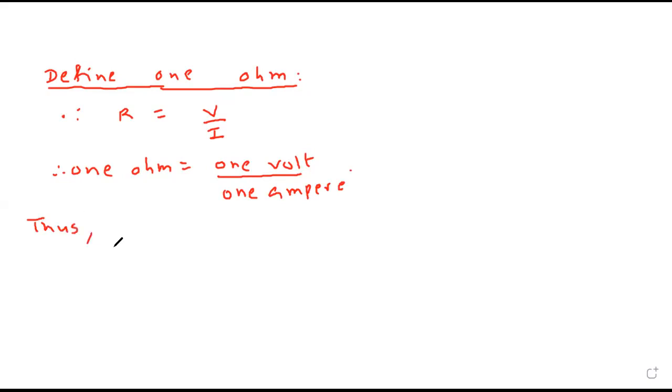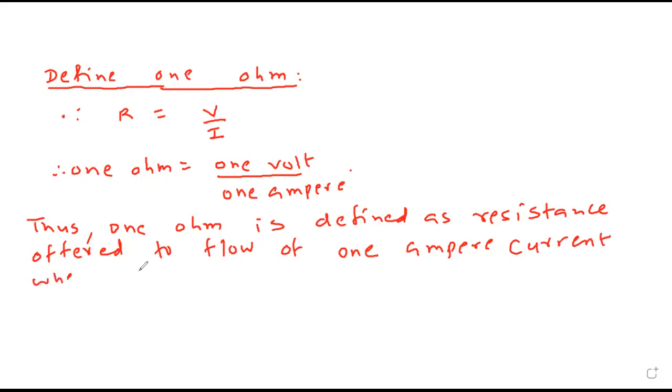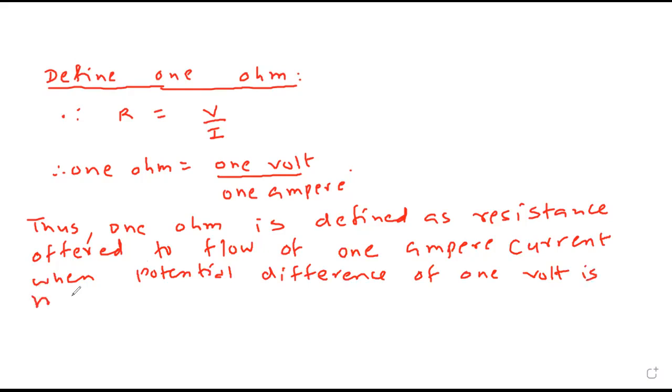Thus, 1 ohm is defined as resistance offered to flow of 1 ampere current when potential difference of 1 volt is maintained across conductor. That is called 1 ohm.